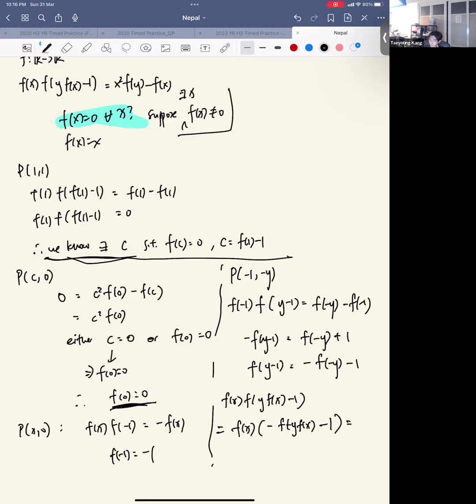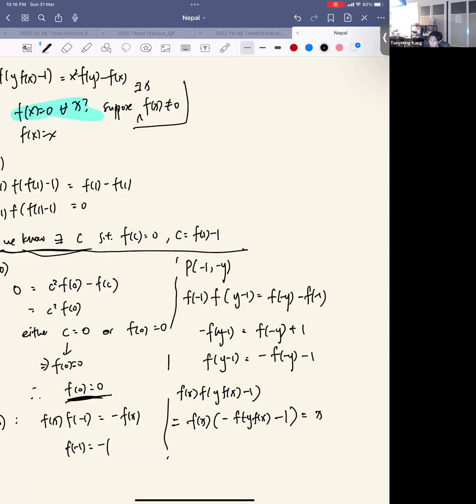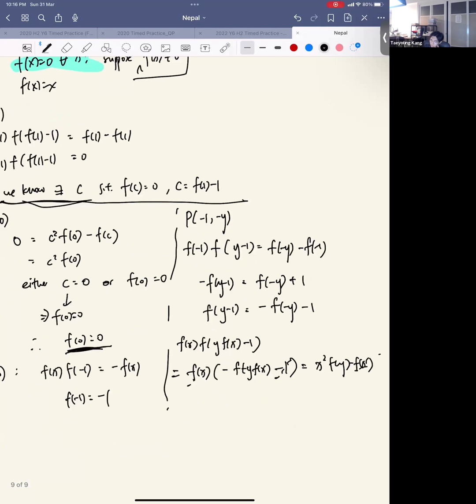And this is equal to x squared f(y) - f(x). So the -f(x) cancels out, and we just have that -f(x) f(-y) f(x) is equal to x squared f(y). Correct?